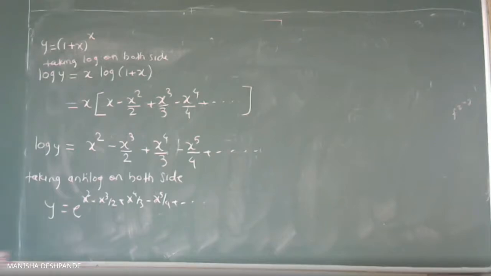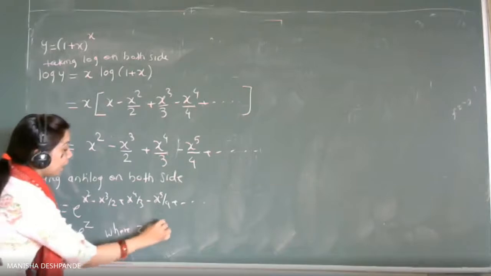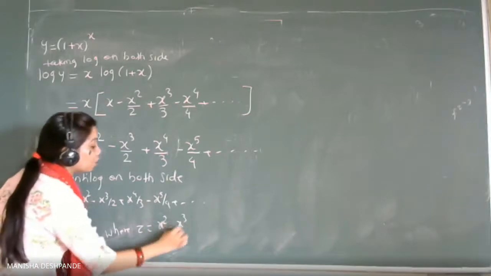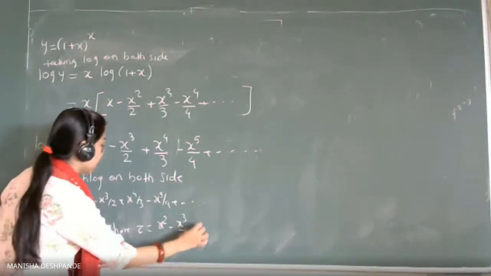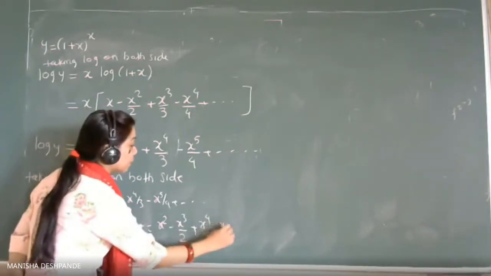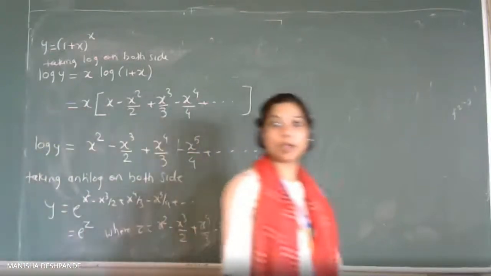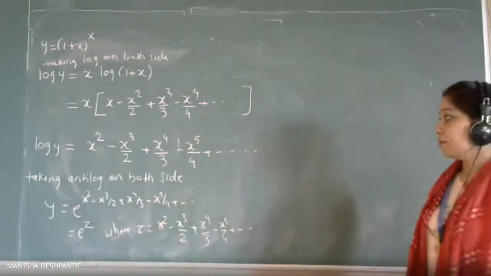So what do you write? You write this as e raised to z, where z is x squared minus x cubed by 2 plus x raised to 4 by 3 minus x raised to 5 by 4 plus and so on. This is your z. Now, which standard expansion are you going to use?